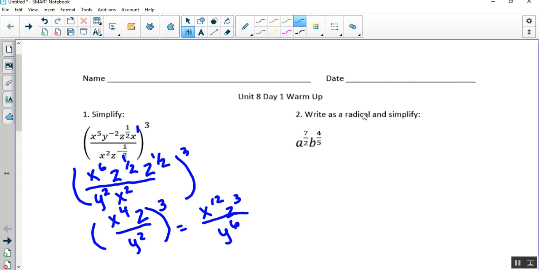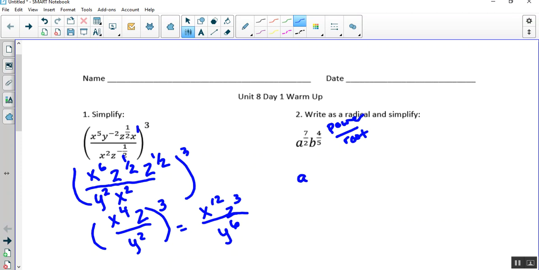Okay, when you write as a radical, remember that the numbers are power over root. But I want to write these as a single root. I don't want to have a square root and a 5th root, so I'm going to find a common denominator with my two fractions. So my common denominator would be 10, and to make this denominator 10, I need to multiply by 5 over 5.